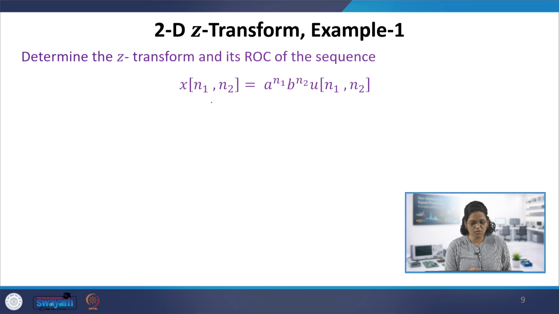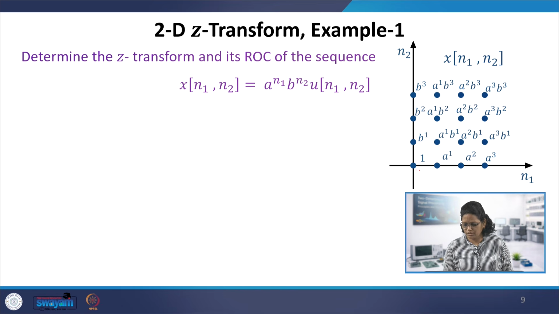If we take the sequence x of n1 comma n2 equal to a power n1, b power n2, u of n1 comma n2, how is this sequence going to be? We had already drawn it. At n1, n2 equal to 0, this gives you 1, and u of n1 comma n2 constrains it to the first quadrant.